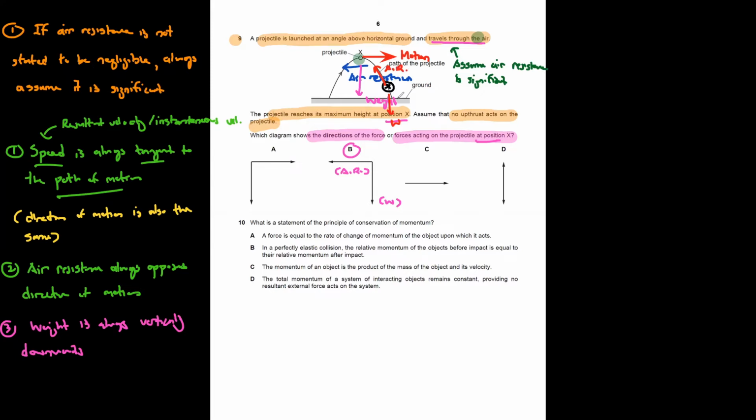Okay, let's just say if the question changes a little and they tell you it's somewhere around here, you will still have the weight acting downwards, but your air resistance must be opposing your direction of motion. It will be diagonally outwards because the direction of your motion is diagonally downwards here. Okay, this is just some extra thing for you to know in case they change the question next time.